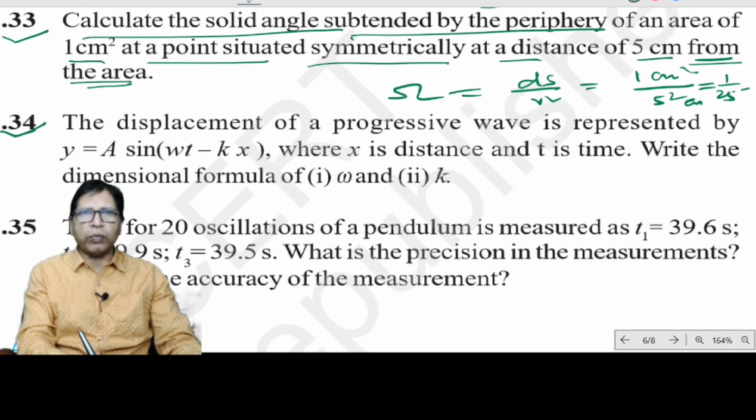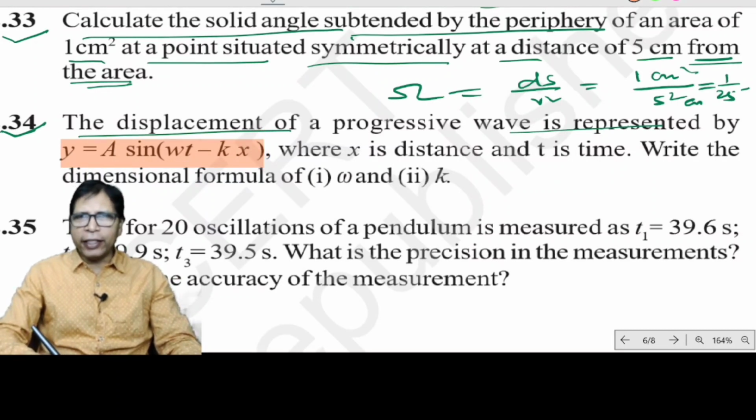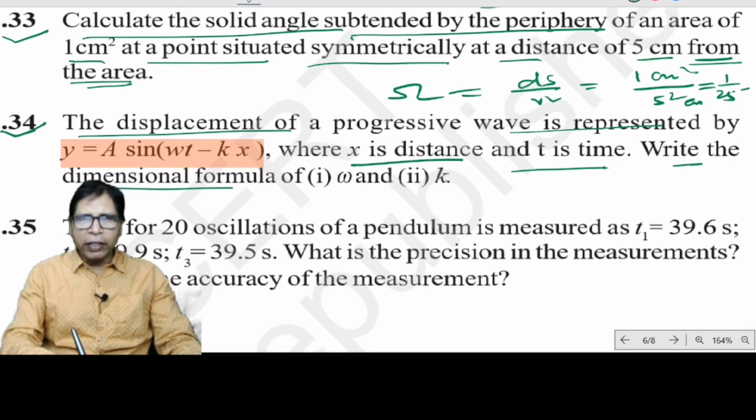Now question number 2.34. The displacement of a progressive wave is represented by y equals a sine of omega t minus kx, where x is the distance and t is the time. Write the dimensional formula of omega and k. Now look at this.